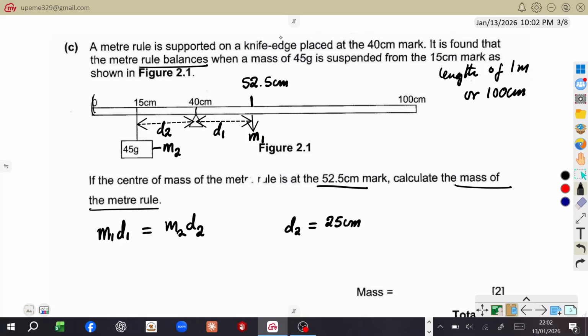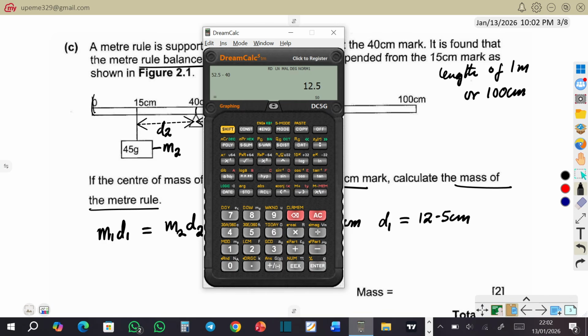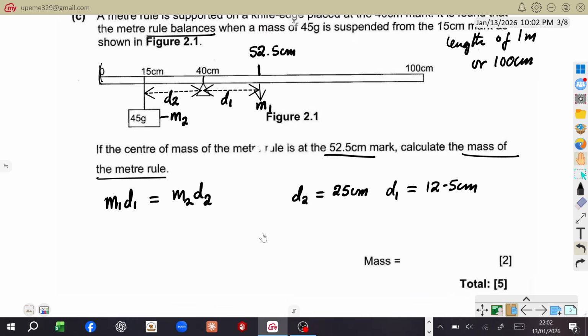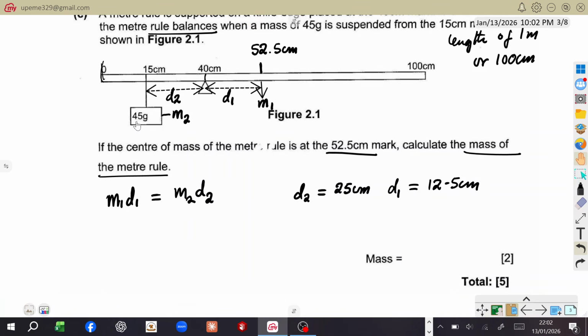12.5. So say, okay, now our D1 is 12.5 centimeters, right? So now let us substitute. Our mass 2 is 45.